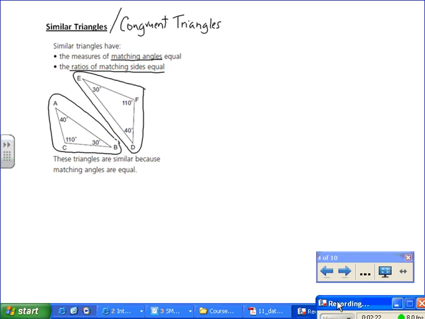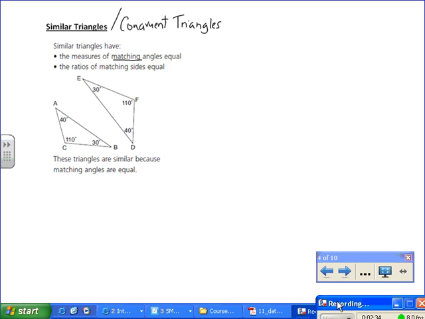So let's go ahead and break this down for ourselves. First of all, these triangles are similar because their matching angles are equal. So we should be able to look at two triangles and compare their angles. And it doesn't matter that triangle DEF has been turned. If I were to rotate this triangle here, triangle DEF, I could see that it would actually look something like this.